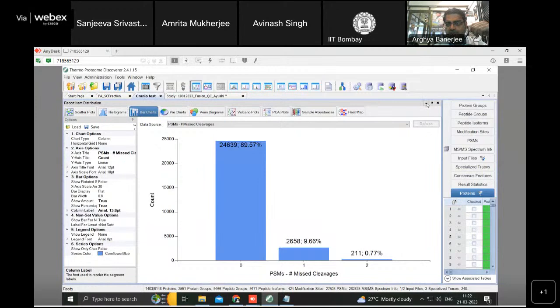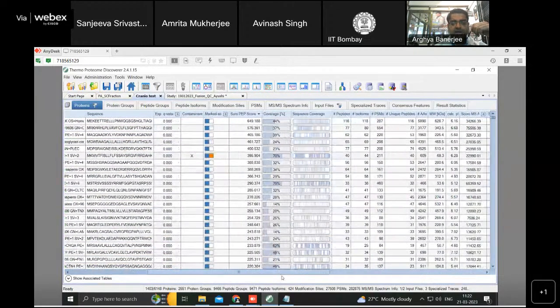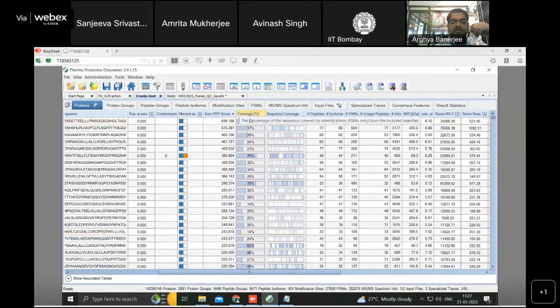Once that has been done, you will get a protein list like this one, which will carry the accession ID, the description, and the sequence of the peptides which have been identified with the human FASTA. Then here comes the coverage, for each individual protein, what is the confidence of the coverage.